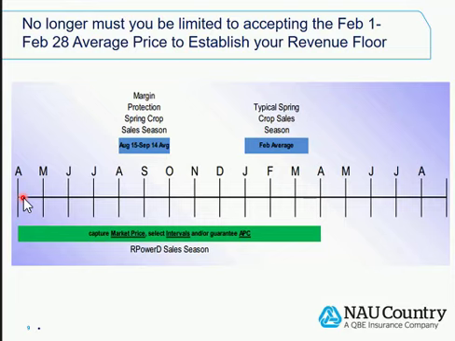Our bushel guarantee, that'd be 95% of 192 is 182 times the highest price at 4.23 results in our RPowerD coverage, our revenue trigger of $772. That's based on the 95% level. The cost of that product was $58, so our net revenue trigger is $714. Basically, it costs $58 to lock in that kind of guaranteed revenue.